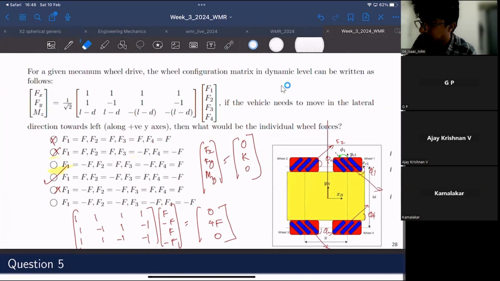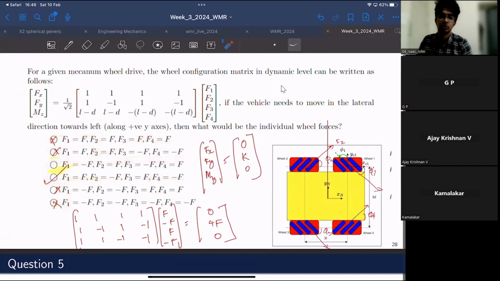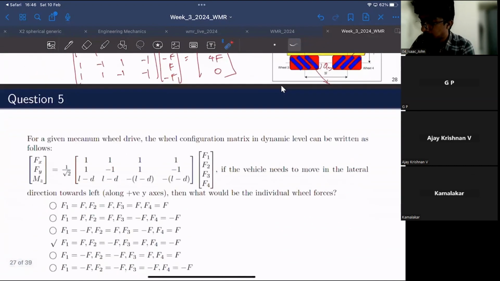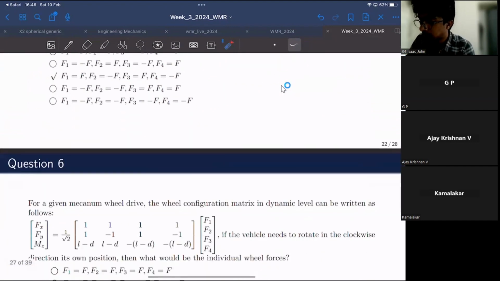So the potential options are only options 3 and 4. If you are still unsure, you can eliminate all the obvious choices, start with these options and see which of them gives you the correct answer. That way you can solve these kinds of problems. So yes, option 4 was indeed the correct answer.